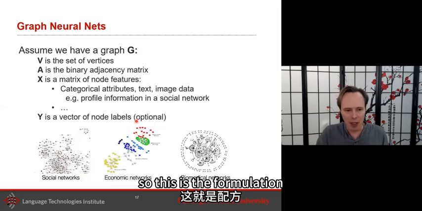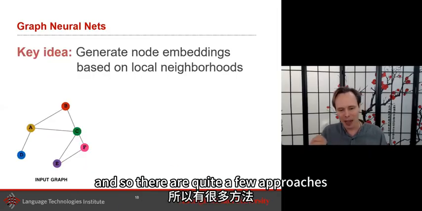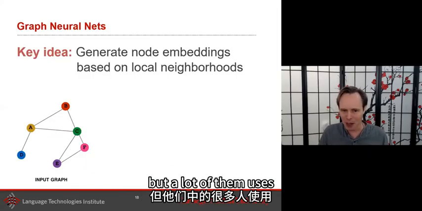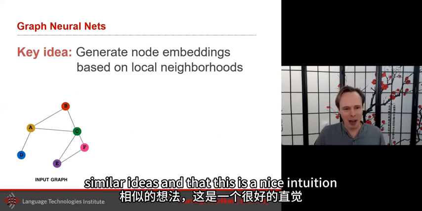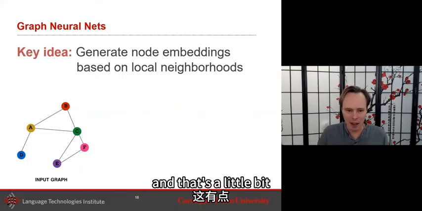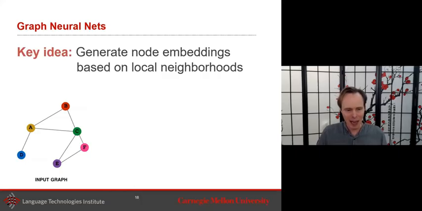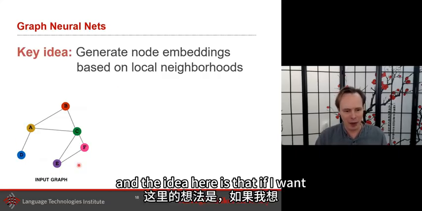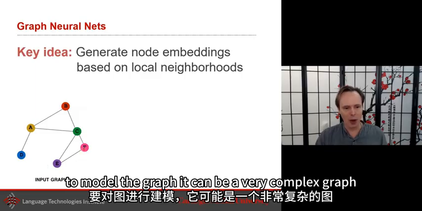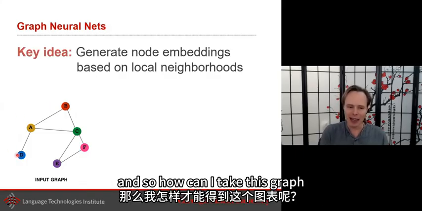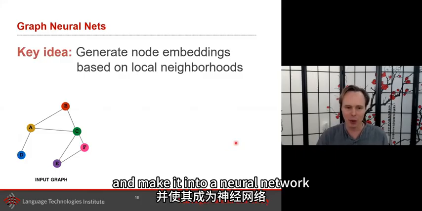So this is the formulation, and there are quite a few approaches, but a lot of them use similar ideas. This is a nice intuition, and it's a little bit the same intuition that we had in the tree RNN. The idea here is that if I want to model the graph, which can be a very complex graph, how can I take this graph and make it into a neural network?